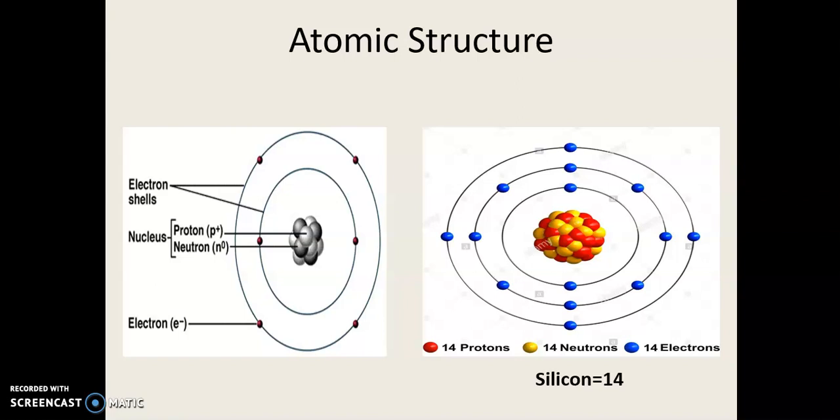Hence the number of protons and the number of electrons for a silicon atom is 14. Now how exactly are these electrons arranged? When we talk about orbits, the number of electrons in an orbit is always fixed. Let's say the first orbit consists of 2 electrons, the next orbit consists of 8 electrons, and so on. Now how to calculate this?